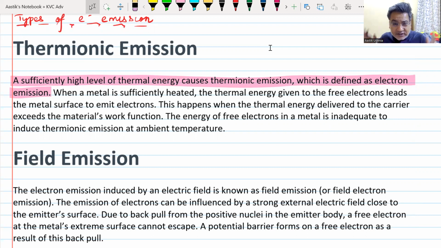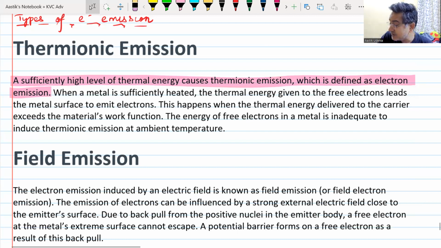Remember that dielectric breakdown of insulators. Remember that? If I put electric field strong enough, even insulators can start, the electrons become free from that atom and they become free to move inside that insulator. Remember that? Yes. Here what is going to happen is I'm going to put the metal surface in an electric field, and if I make the electric field strong enough, the electrons can get sufficient energy, they can leave the metal surface and become free.